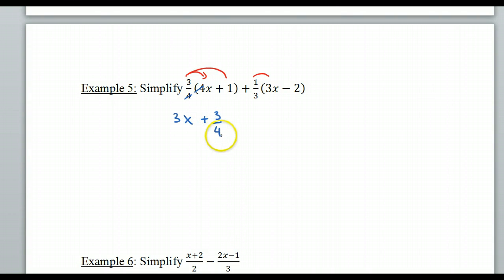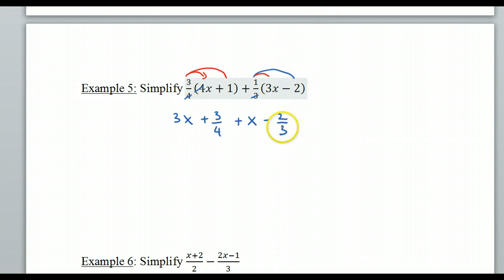Okay, I have 1/3 times 3, well, the 3's are going to cancel. So I'm going to be left with plus x, because 1 times x is x. And then finally, I'm going to be left with negative 2 over 3.